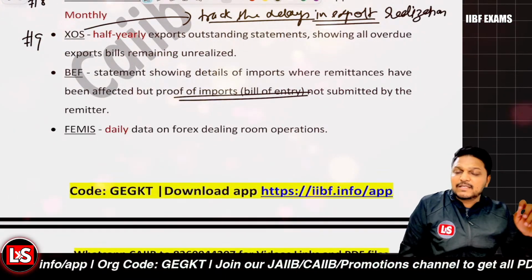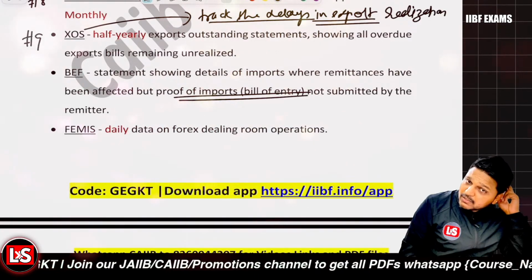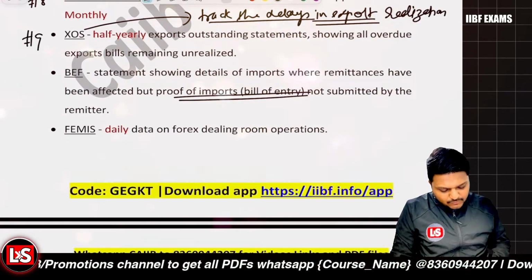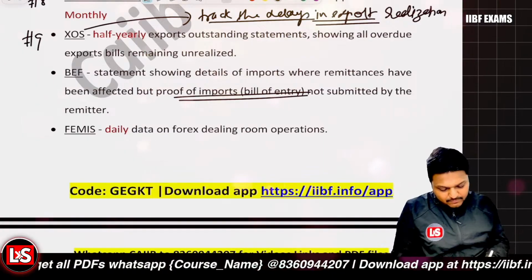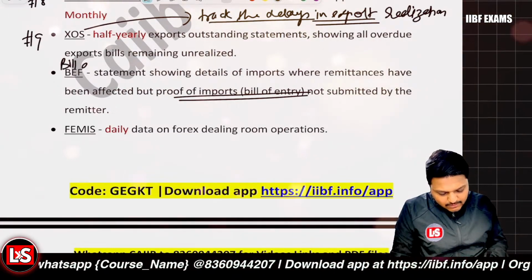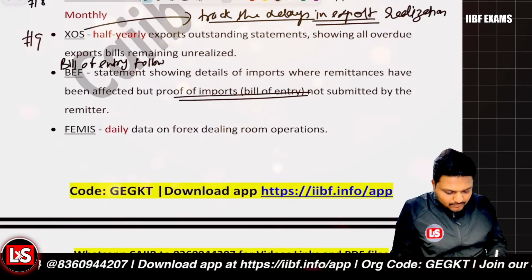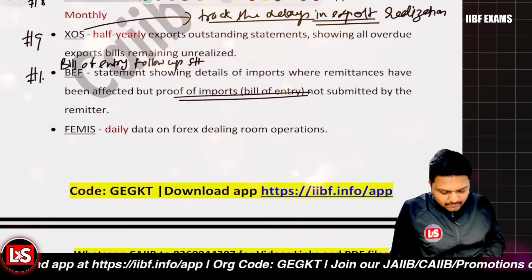BEF is related to the bill of entry follow-up statement. F is for follow-up and BE is for bill of entry. Let me write the full form: bill of entry follow-up statement. Clear?